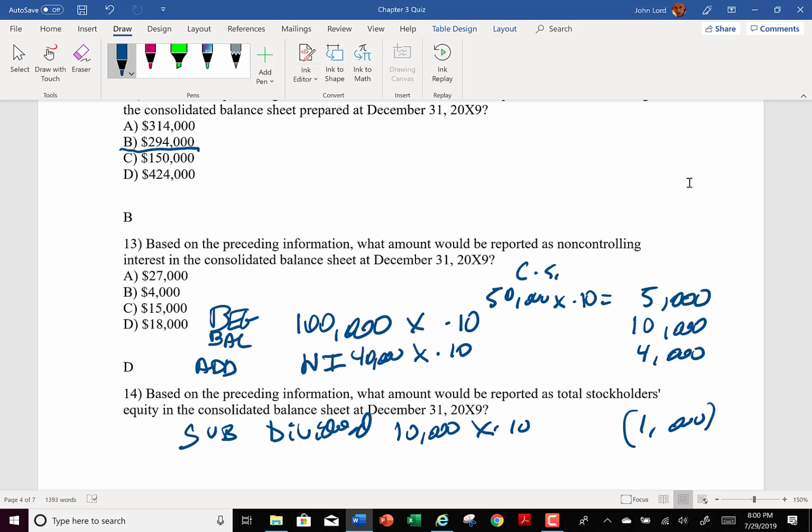So my non-controlling interest share of the common stock, the non-controlling interest share of the beginning retained earnings, the non-controlling interest share of the net income, minus the non-controlling interest share of the dividend gives me a total there of 18,000?